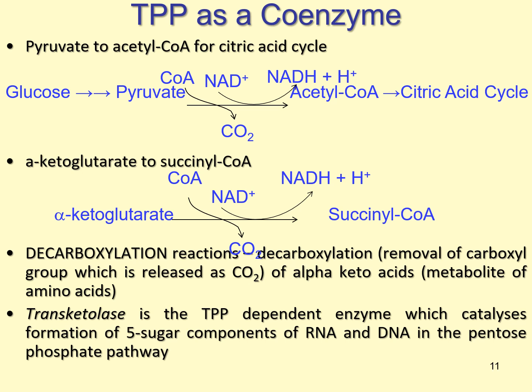During that cycle, alpha ketoglutarate is converted to succinyl CoA, in a decarboxylation reaction, which means the removal of a carboxyl group, released as carbon dioxide, of an alpha keto acid or a metabolite of amino acid. Also, transketolase is a thiamine pyrophosphate dependent enzyme which catalyzes the formation of the 5-sugar component of RNA and DNA in the pentose phosphate pathway.